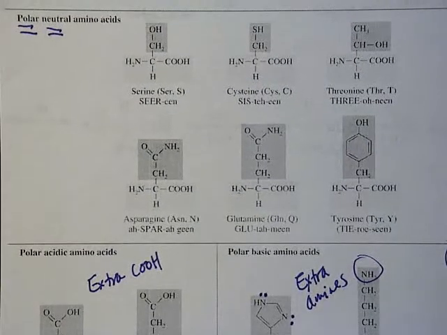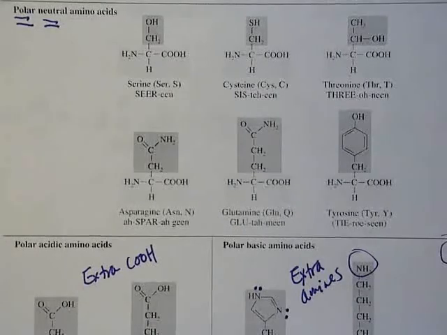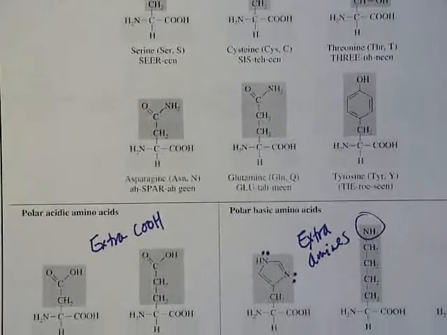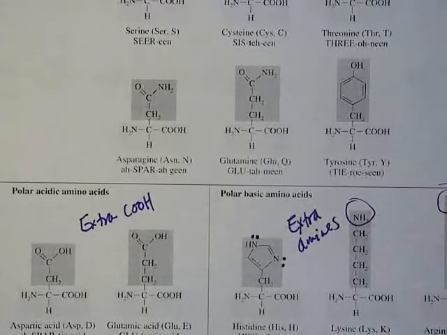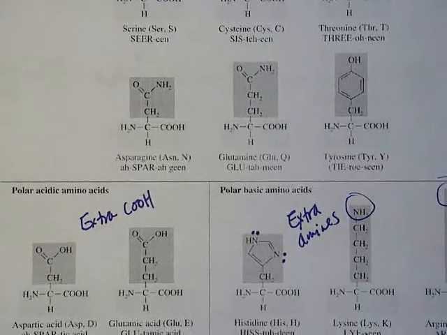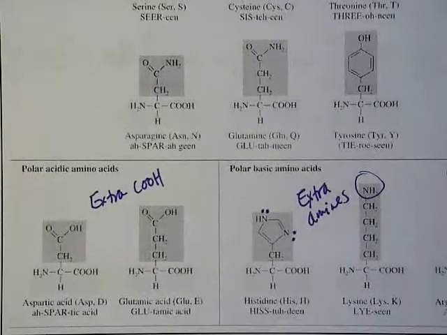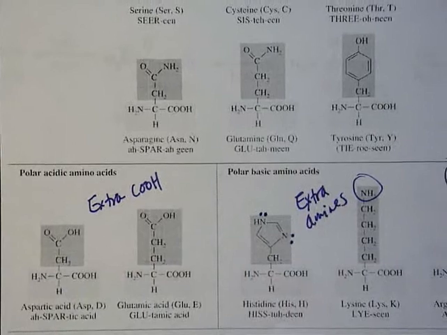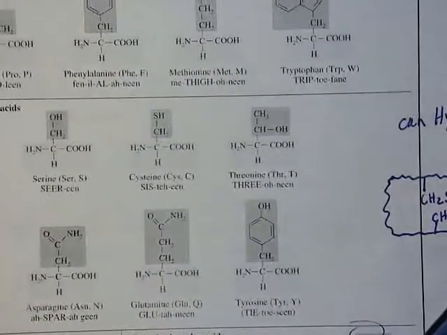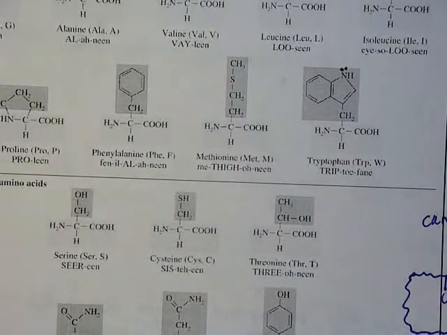Now, once you become familiar with the types of amino acids available, a side note on the characteristics of these polar acidic or basic amino acids is that they're going to be opposite of the nonpolar amino acids.